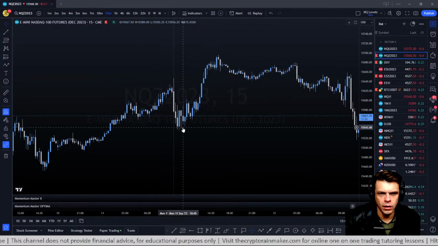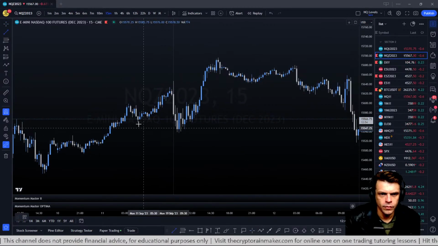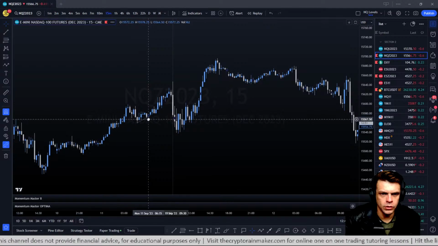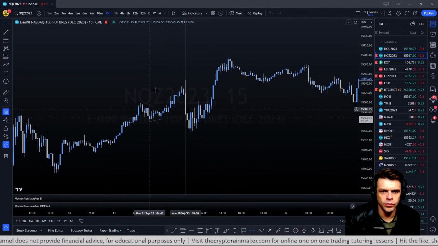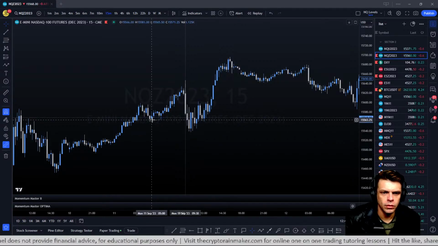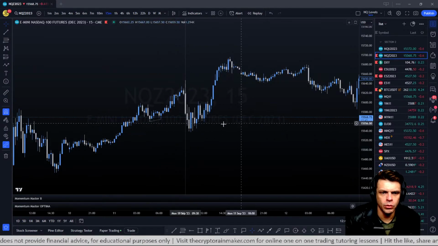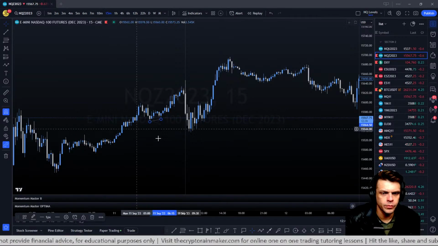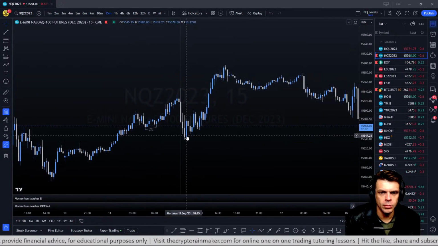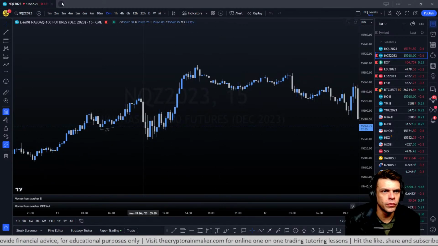Okay, so right at 9:30. This is almost what happens every single day, the opening move will just move into where there is liquidity, and then it will reverse to the upside. So here we had the relative equal lows. So they tapped into that liquidity and then moved away.